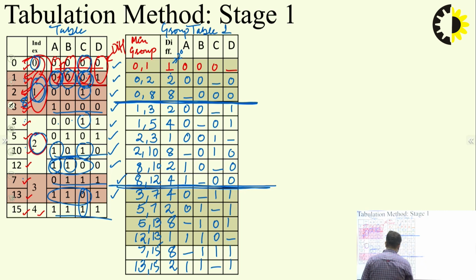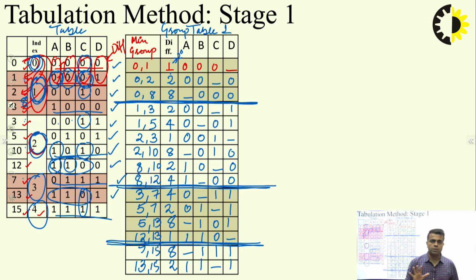Similarly, 2 and 3 grouping completed here, we need to make a partition. In the first table we had 0 index term, 1 index term, 2 index term, 3 index term, 4 index term. That means the complete table was divided in 5 parts. Now the complete table is divided in 4 parts: part 1, part 2, part 3 and part 4.